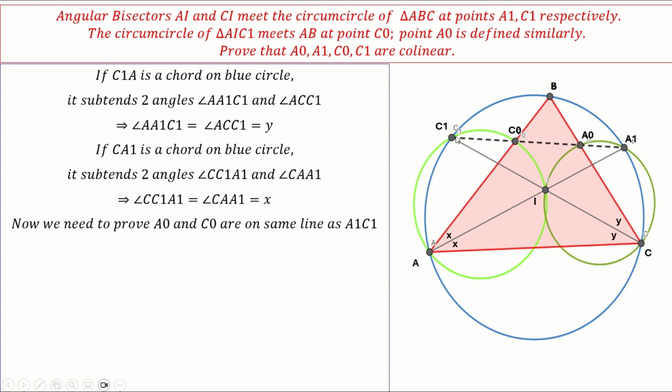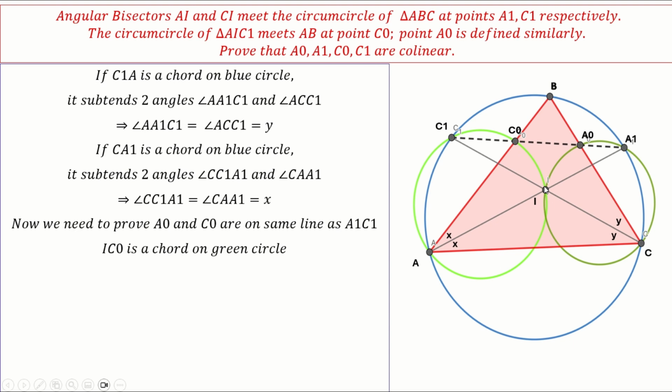Now what we need to prove is, there is a line C1A1. We just need to prove C0, A0 are on the same line. That's it. So now let's take IC0. If I take these 2 points, this is a chord, and this chord subtends what angle? Let's see.